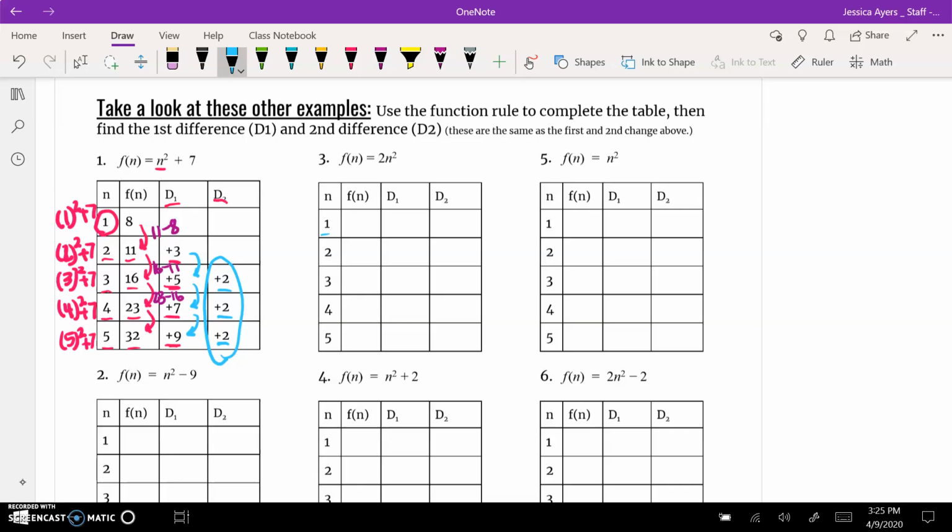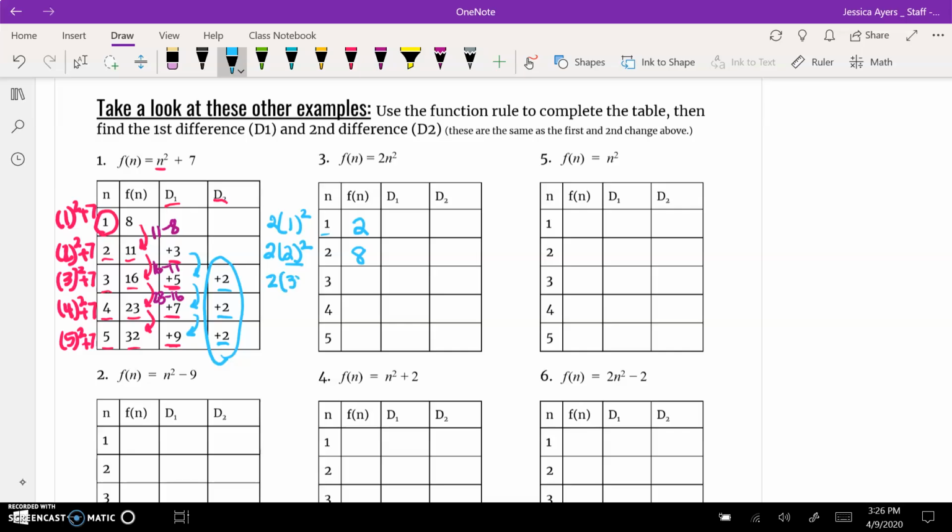So let's do number 3 together as well. For the first one, we're going to do 2 times 1 squared. Order of operations, start with 1 squared. 1 squared is 1, times 2 is 2. Then we're going to do 2 times 2 squared. 2 squared is 4, times 2 is 8.